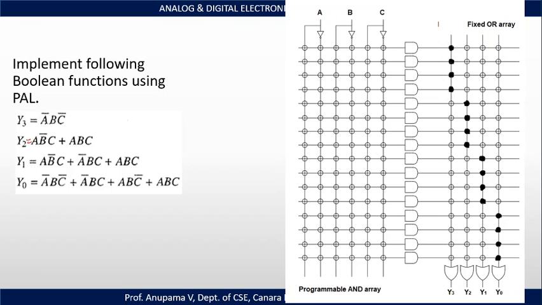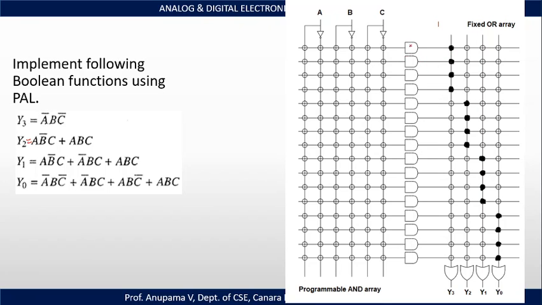So choose the expression which has the maximum terms; that many inputs should be there for the OR gate. In the case of PAL, the OR array is fixed. So I will draw the bullet symbol against the input of the OR gate.